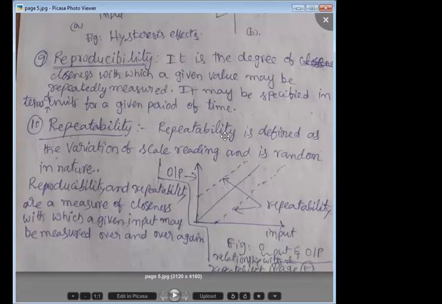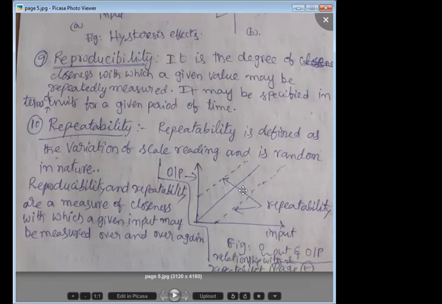And repeatability. Repeatability is defined as the variation of the scale reading and is random in nature. See here, this is the actual measured line, but the output is produced in this manner.